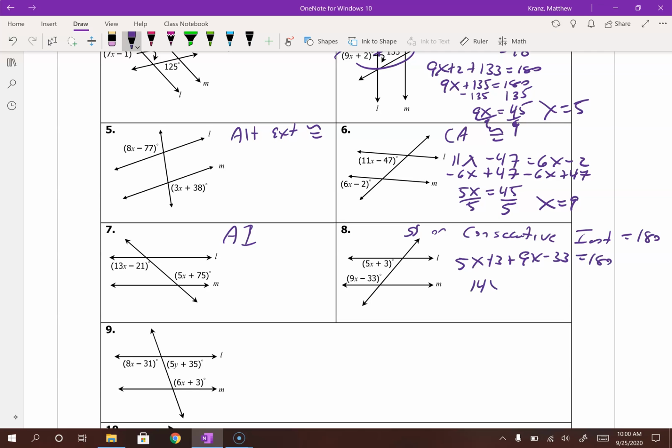So that gives me 14x minus 30 equals 180 when I combine my like terms. If I add 30, that gives me 14x equals 210. When I divide by 14, I believe that's going to be 15. So x equals 15.